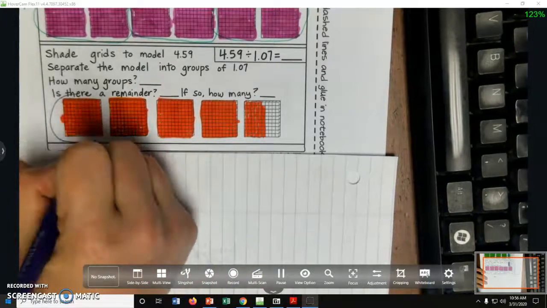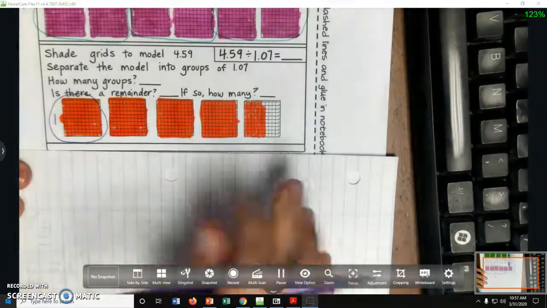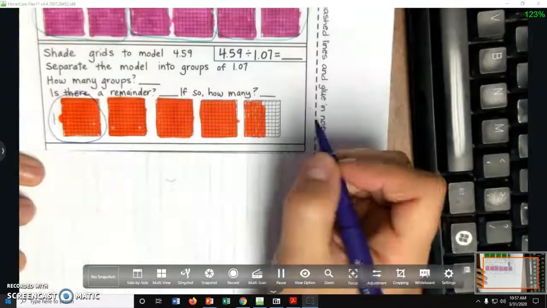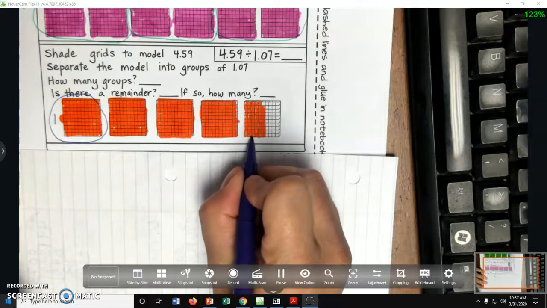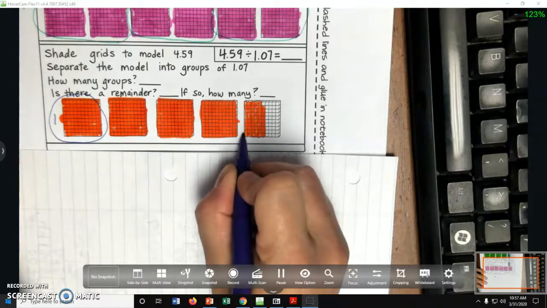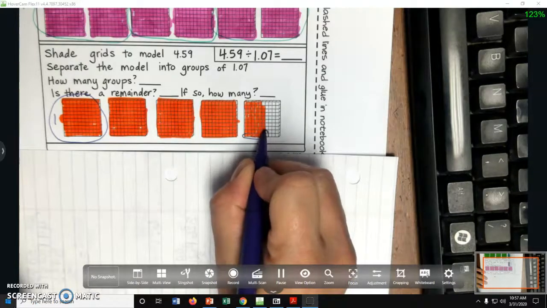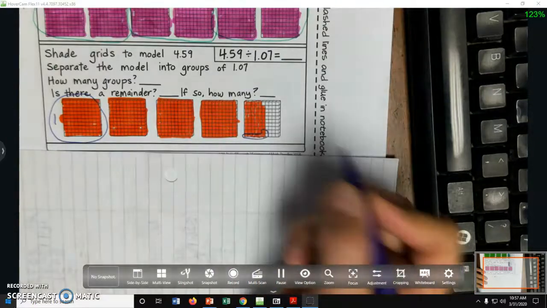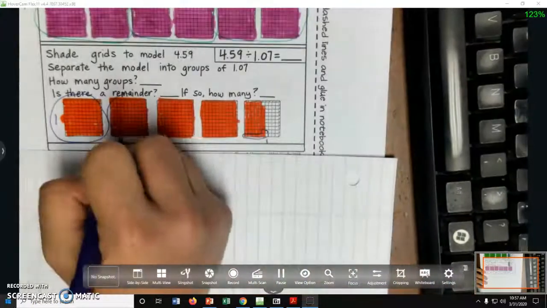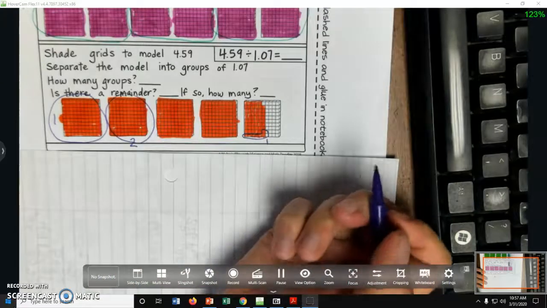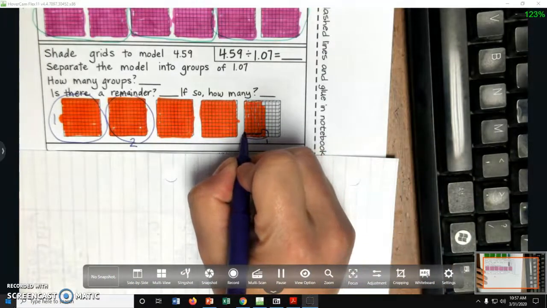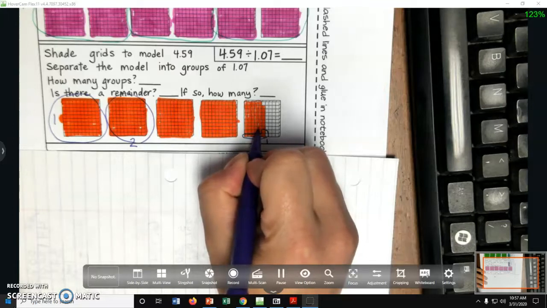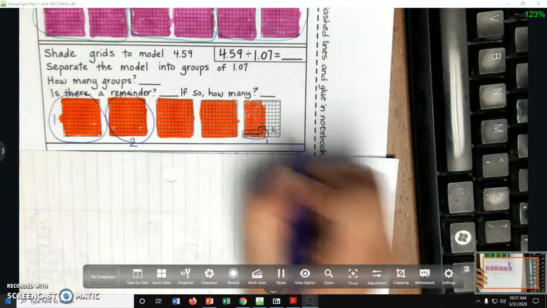All right, so group 1 is going to have 1 whole and 7 hundredths. Okay, good luck. 1, 2, 3, 4, 5, 6, 7. So go like that. Whew, so far so good. Then we're going to go group 2. Has a whole and 7 hundredths. Group 2.